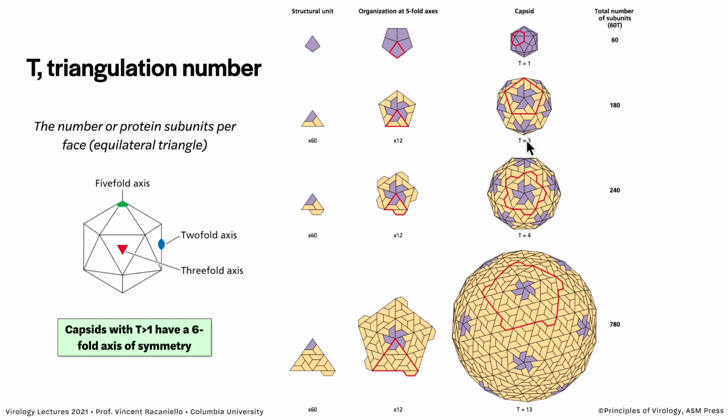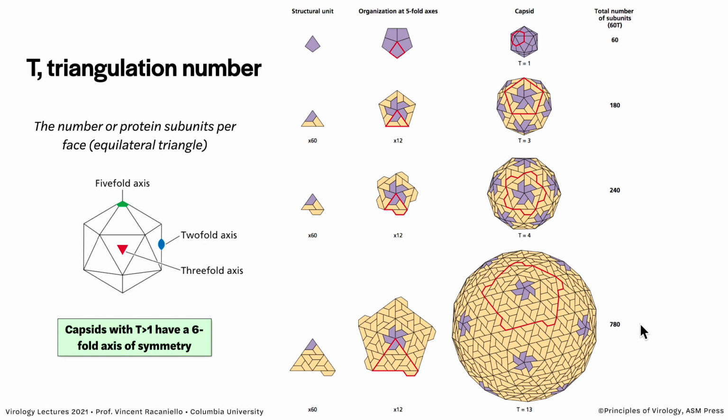And here's, for example, a T equals 3 particle. You have 3 protein subunits per face, 1, 2, 3. And so 3 times 60 gives you 180. It's the next biggest particle. You can go up to T equals 4, T equals 13, and bigger and bigger and bigger. All right, so that's the triangulation number.